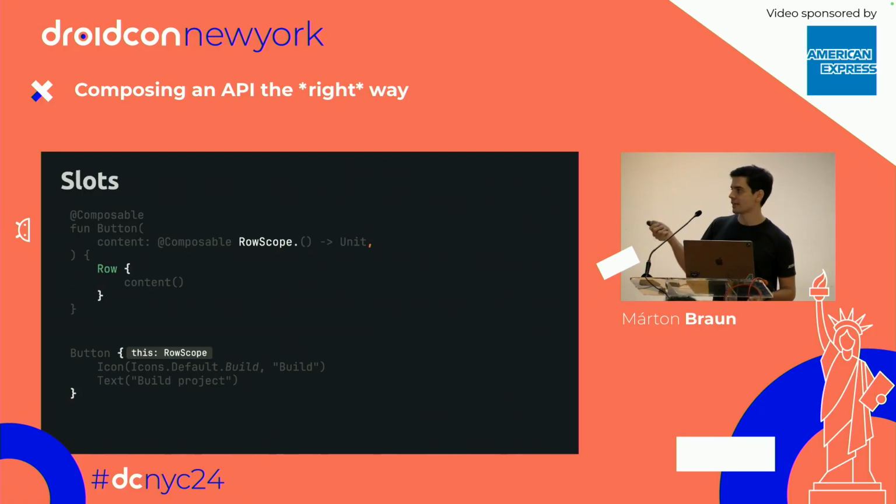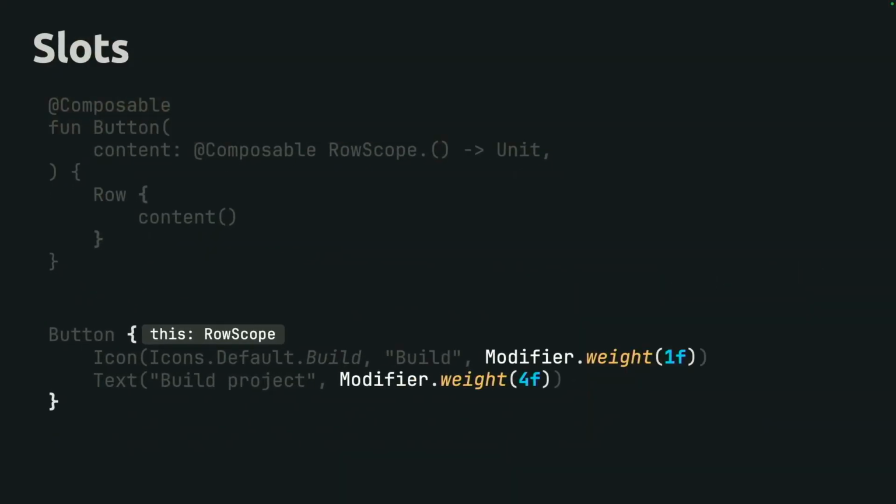So this indicates to the call site that whatever content they're passing in is going to be used inside of a row. And it also lets them use APIs that are only available when you're inside that layout. For example, the weight modifiers are a good example of this because they don't make sense just in arbitrary places in Compose code. But when you're inside of a row, you can use that modifier to customize how the various elements that you are placing into the row are measured and distributed within the space that the row occupies.